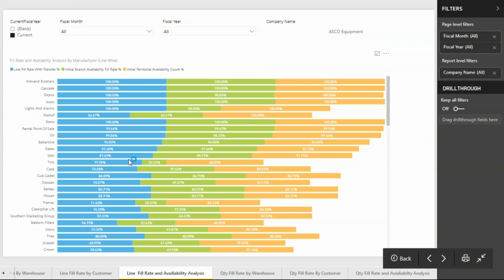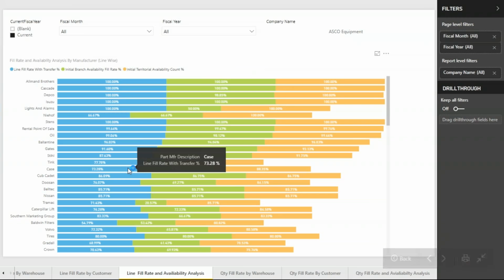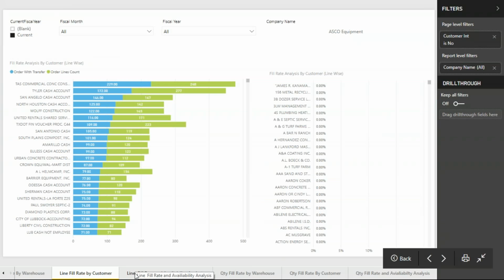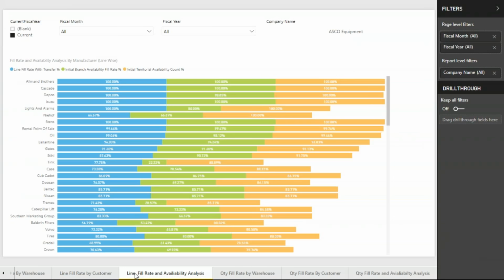Where did you access the by manufacturer? It's the tab right next to the customer, at the report level. Oh, okay. And this is going to tell you how different your fill rate is from your availability.